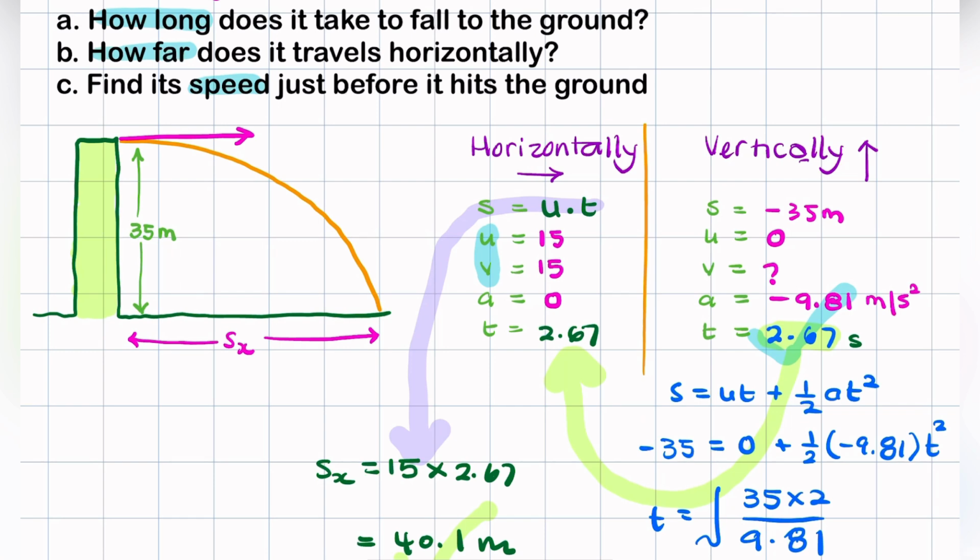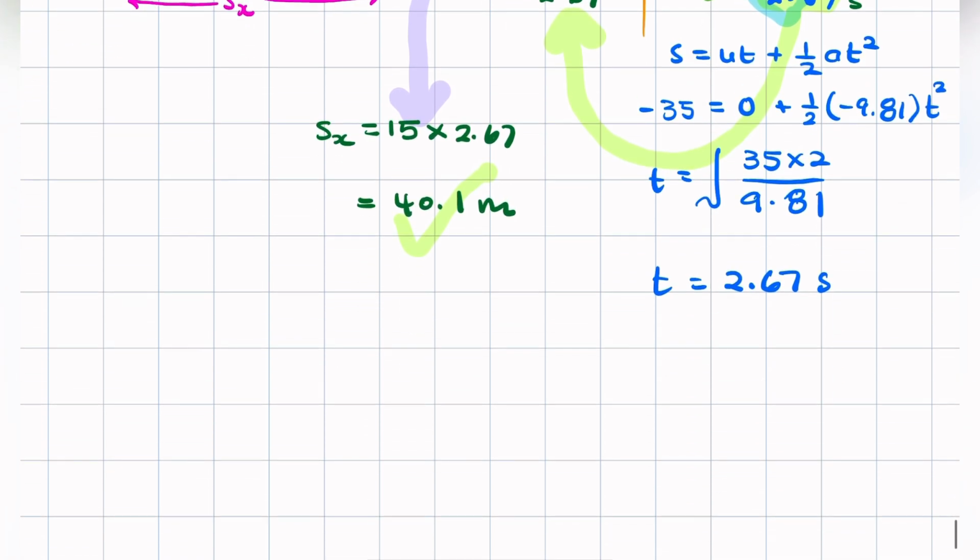And finally, it's asking for the speed just before it hits the ground. So we know the horizontal component of the speed. We don't know the vertical component. So remember, as the object hits the ground, it's going to have two components of velocity, a vertical component and a horizontal component.